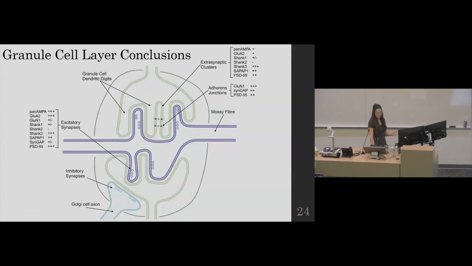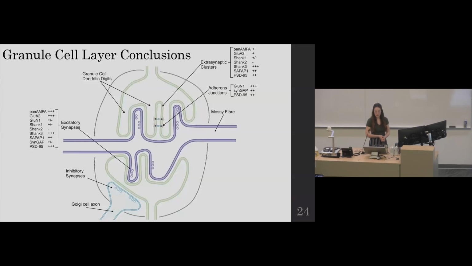This shows a summary of my granule cell layer results. These results showed differential expression of AMPA and NMDA receptors at synaptic versus extrasynaptic sites, with AMPA receptors at synaptic sites and NMDA receptors at extrasynaptic sites.